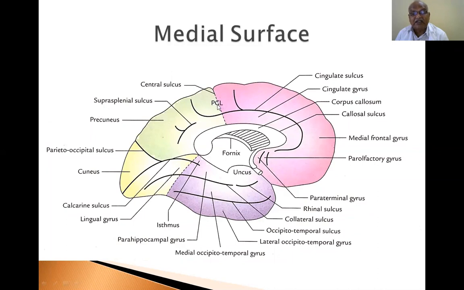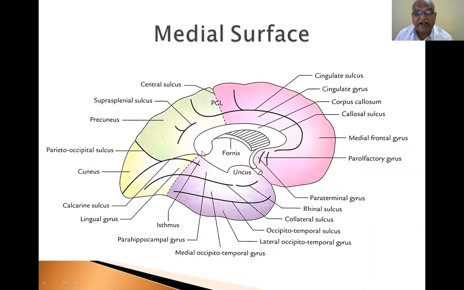On either side of the central sulcus, a part in the frontal lobe and a part in the parietal lobe together constitute the paracentral lobule. This is the frontal lobe, this is the occipital lobe, this is the parietal lobe. This is the paracentral lobule.